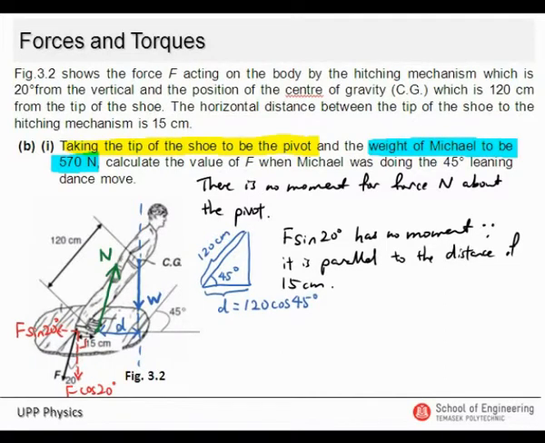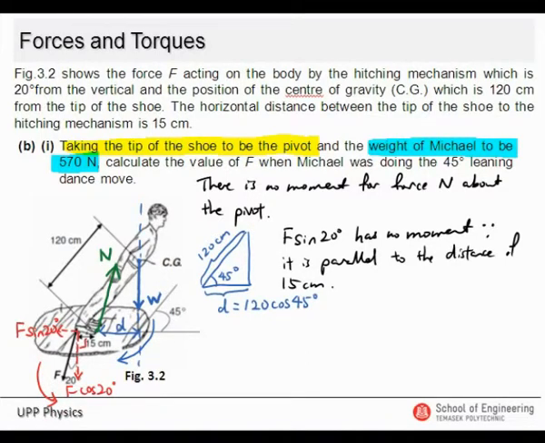Next, we need to decide which is the clockwise moment and which is the anti-clockwise moment. Now, W creates the clockwise moment about the pivot, while the force F creates an anti-clockwise moment about the pivot.